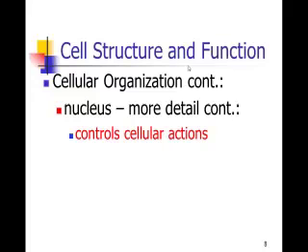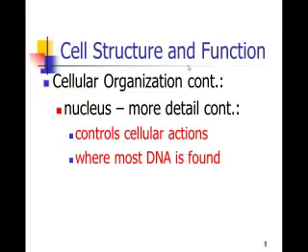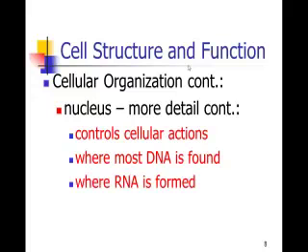It's sort of the control center for the cellular activity, and it's where most of the DNA is found. We're going to see that there is some DNA associated with the mitochondria, but that's different DNA than the normal nuclear DNA. The DNA is sort of like a cookbook with recipes in the DNA.